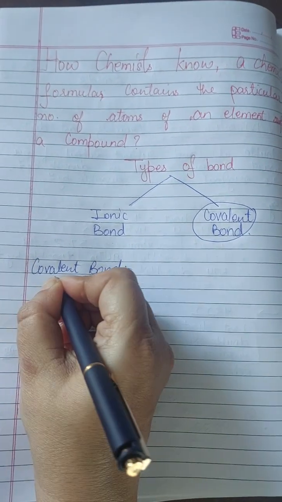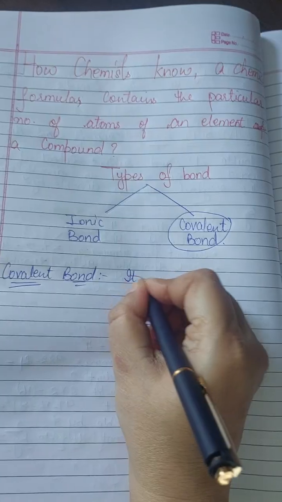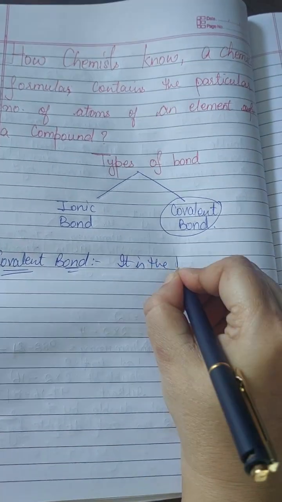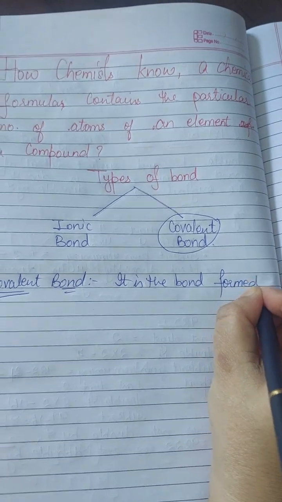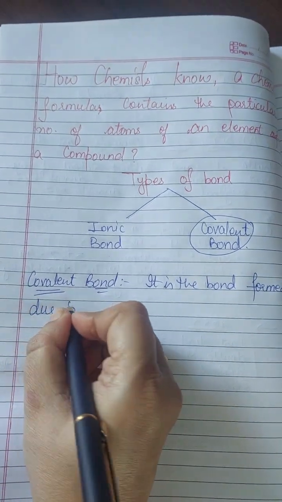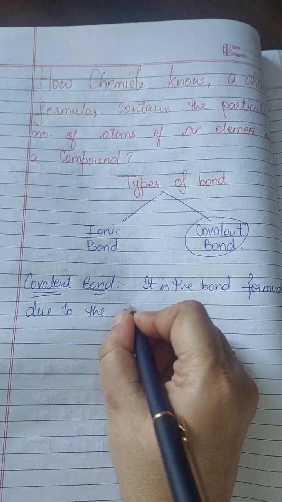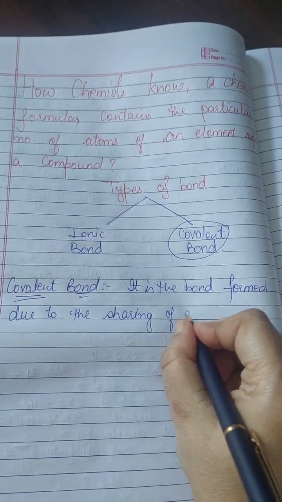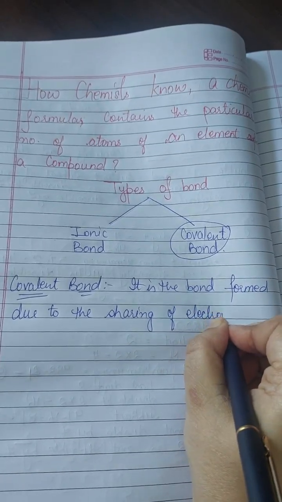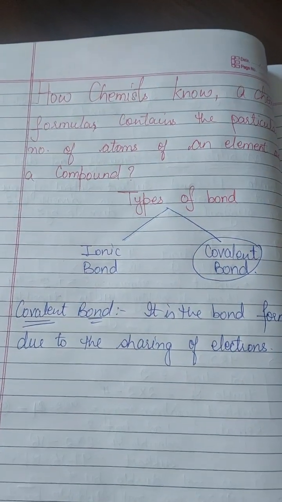Covalent bond is the bond formed due to the sharing of electrons. Covalent bond is sharing the number of electrons.